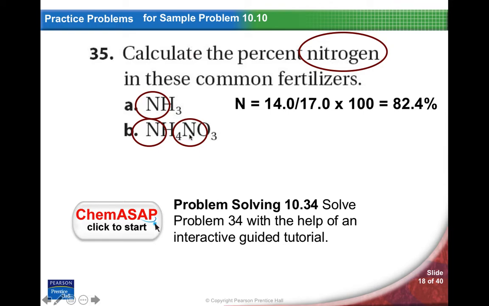So we've got 2 nitrogens, we've got 4 hydrogens, we've got 3 oxygens. So this will give you a little practice at calculating molar mass. You're going to take the 2 nitrogens, 2 times 14 is 28, and then find the total molar mass. So do that as a little practice right now. Pause the tape.